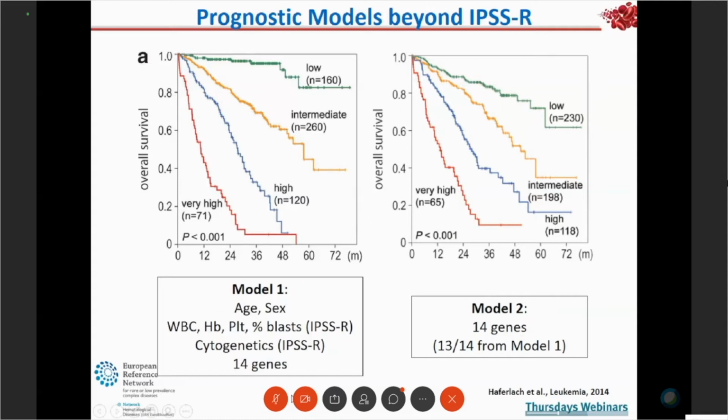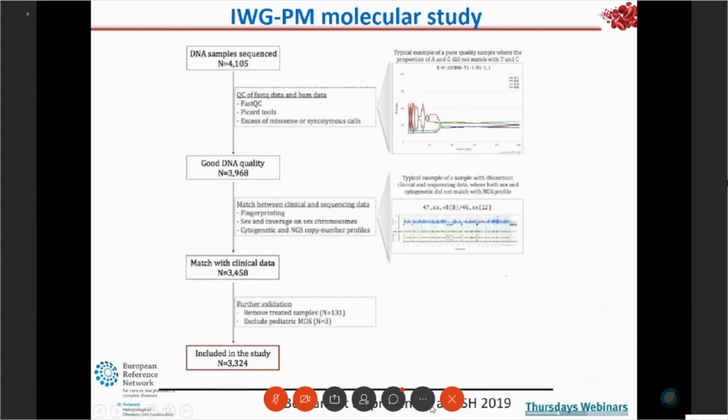Model one is the classical one with the molecular data plus age, sex, and hematological data, as well as IPSS, the variables in IPSS-R. And as you may see, by themselves, the mutations are able to stratify patients in an optimal manner.